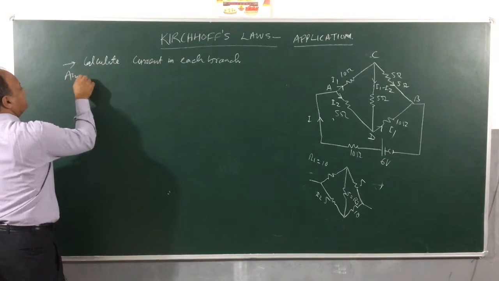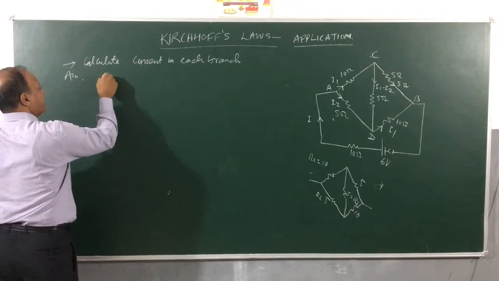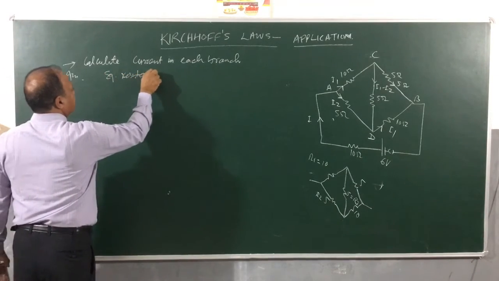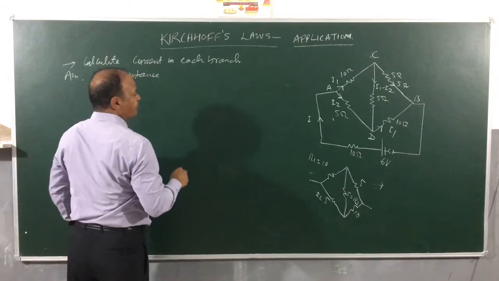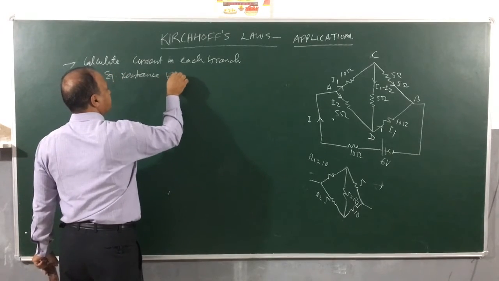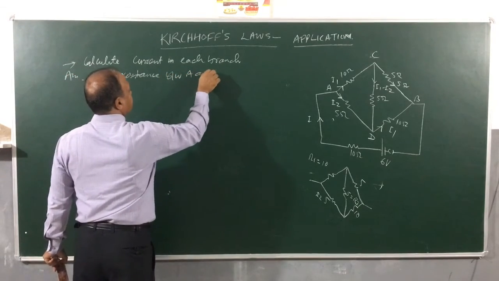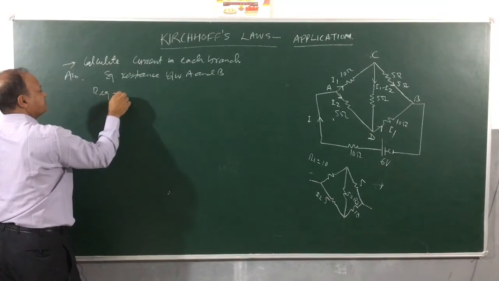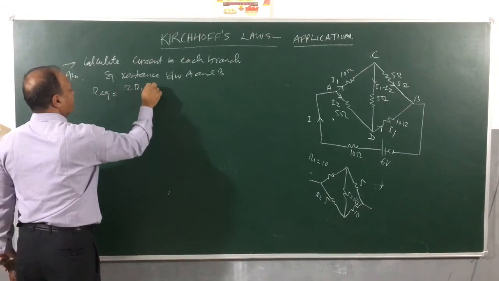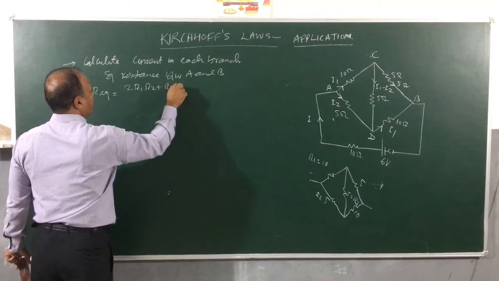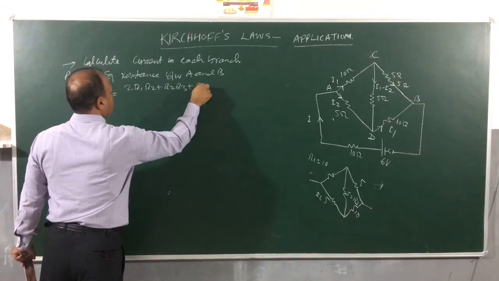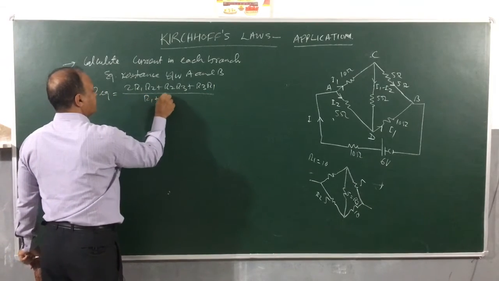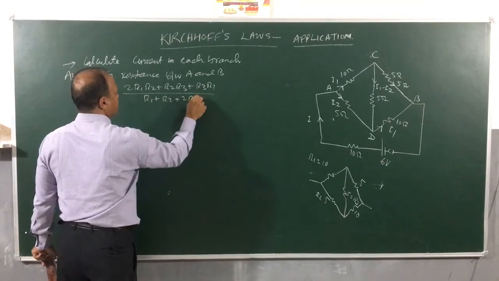Now we have equivalent resistance between A and B. R equivalent will be, children, twice R1 R2 plus R2 R3 plus R3 R1 divided by R1 plus R2 plus twice R3.